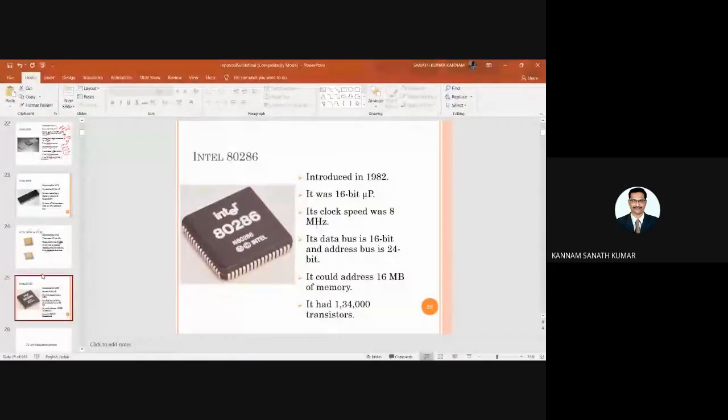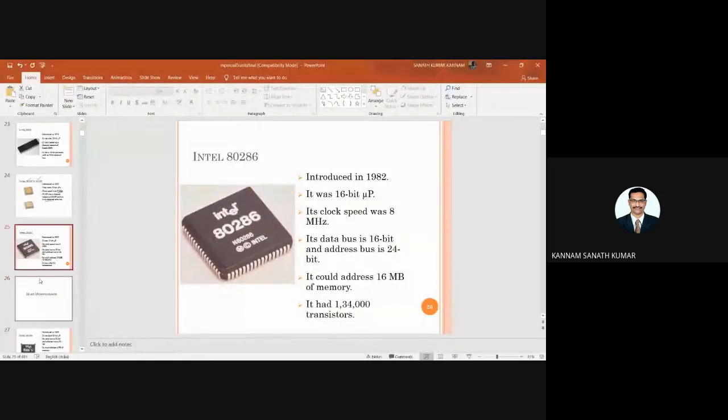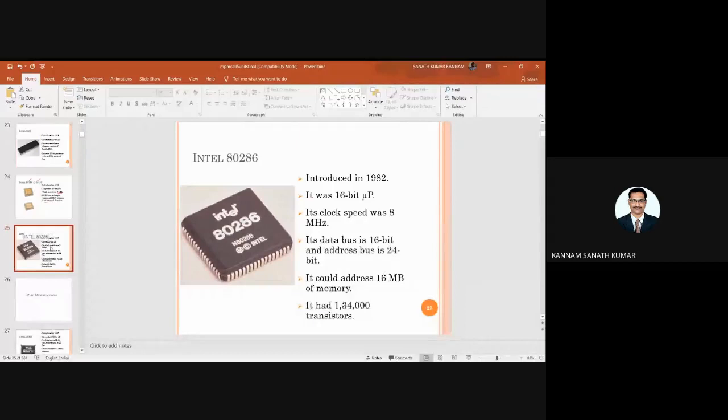Okay, so till now I explained about the 16-bit microprocessors. 4-bit microprocessors are Intel 4004, 4040. 8-bit microprocessors are Intel 8008, 8085. 16-bit microprocessors are 8086.